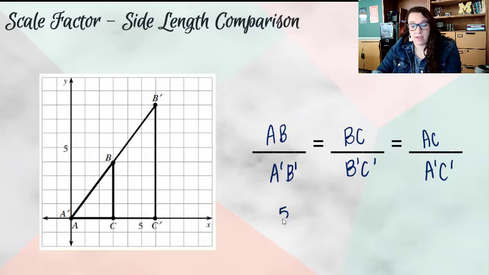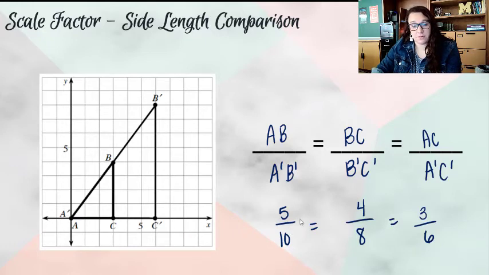AB was 5 and A prime, B prime was 10. BC was 4 and B prime, C prime was 8. And AC was 3 and A prime, C prime was 6. So all of these are really the same fraction, because side ABC was 1/2 the size compared to A prime, B prime, C prime.